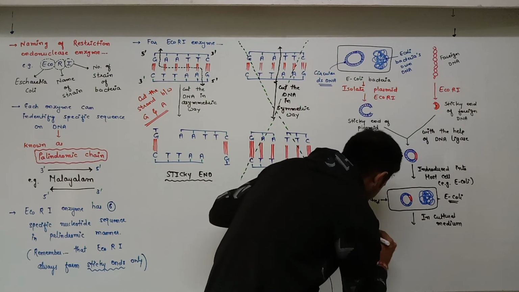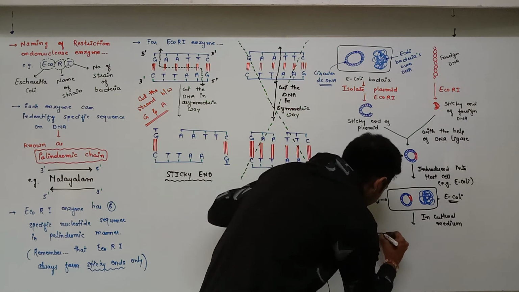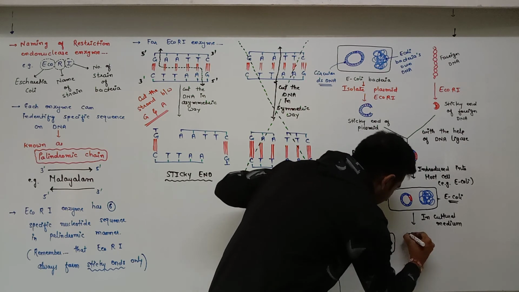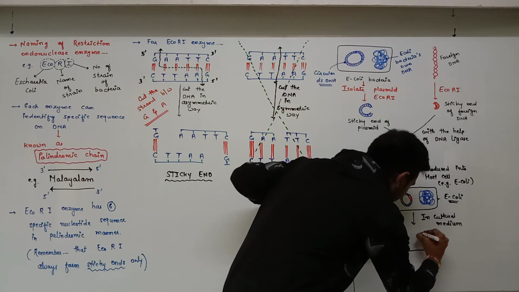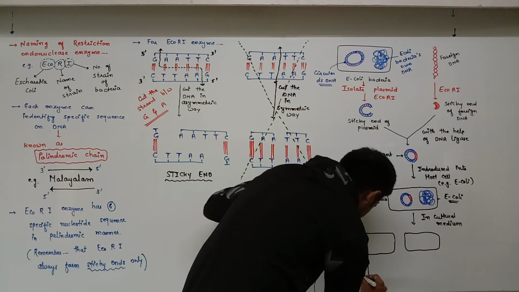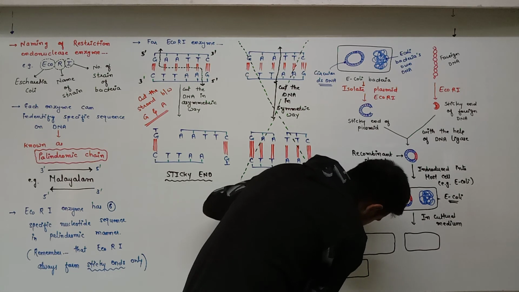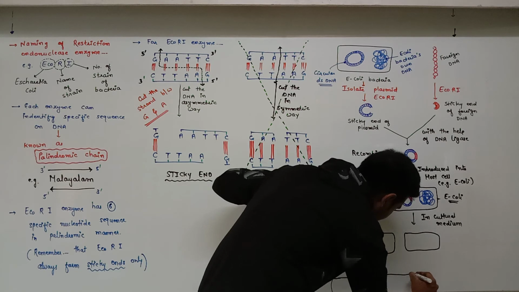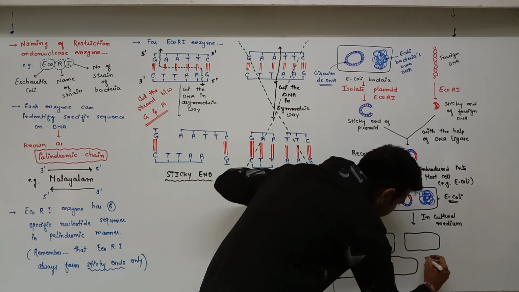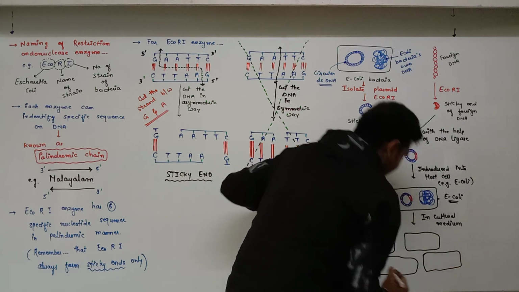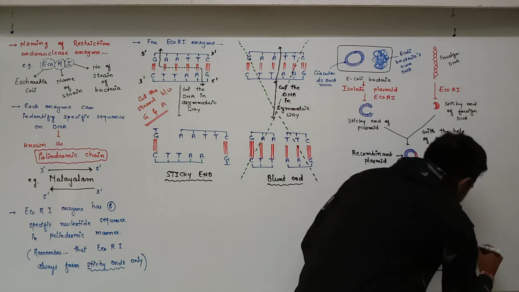Suppose, for example, 5 copies are formed: 1, 2, 3, 4 and 5, like that.